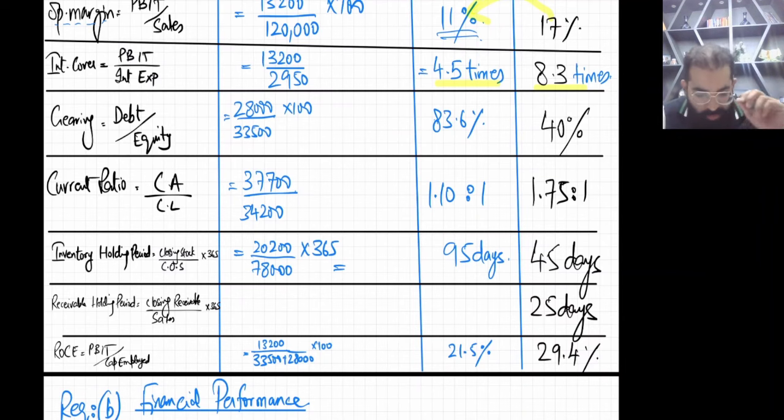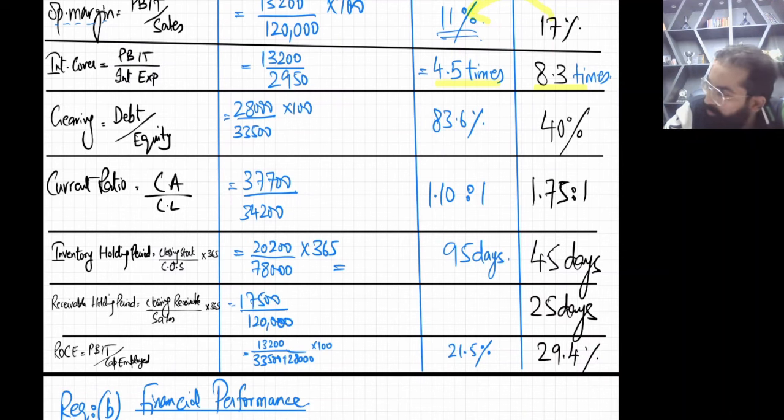Then you have receivable holding period, which means closing receivables divided by sales times 365. So it's 17,500 divided by sales of 120,000 times 365. This will be, I think, 53 days.